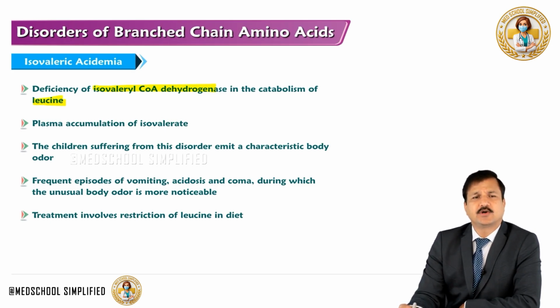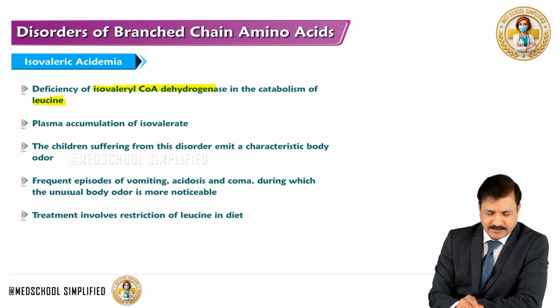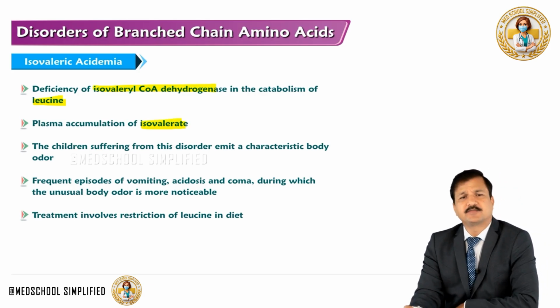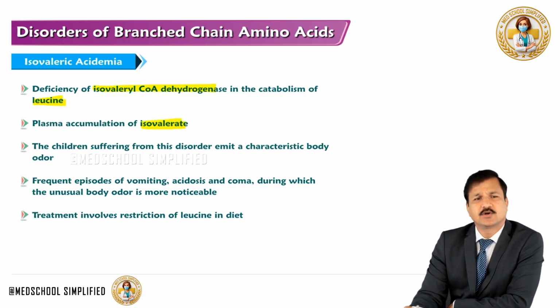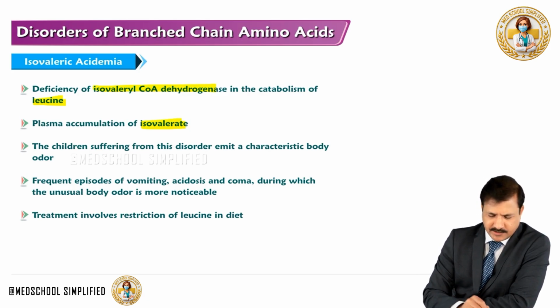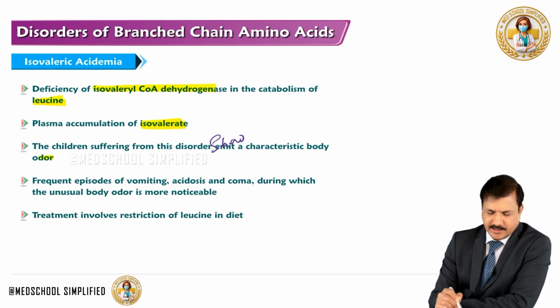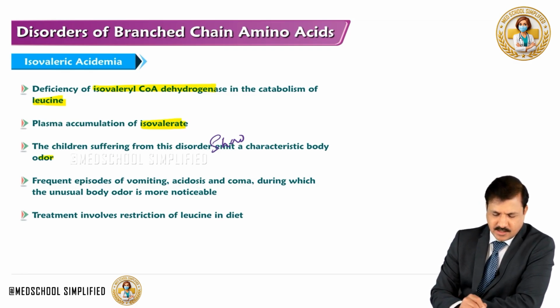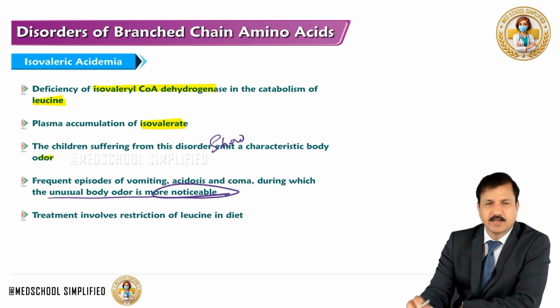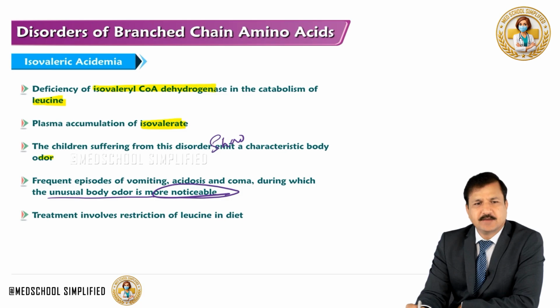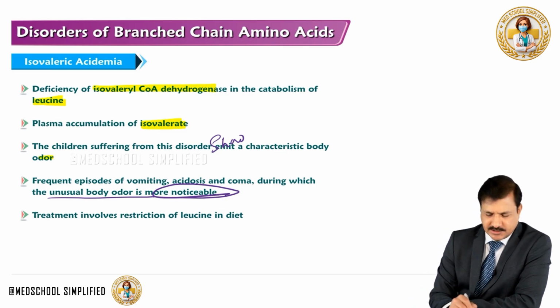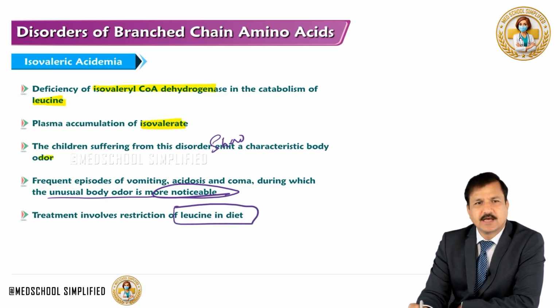So patients will show elevation of isovalerate, and children suffering from this disorder will show a characteristic body odor, and frequent episodes of vomiting, acidosis, and coma. The unusual body odor is more noticeable in isovaleric acidemia. And treatment involves restriction of leucine in the diet because the defect is in the catabolism of leucine.